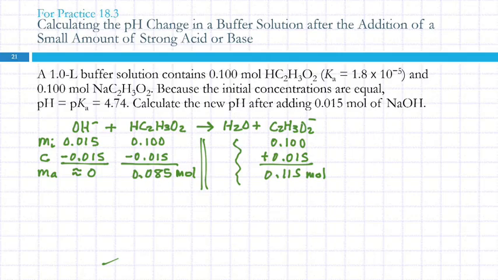To do an ice table or a Henderson-Hasselbalch equation, we need molarity. So the HC2H3O2, I'm writing this out. You don't have to write it out, but just to make sure that we see what's going on here. It's that many moles divided by the volume of the solution, which was 1 liter.